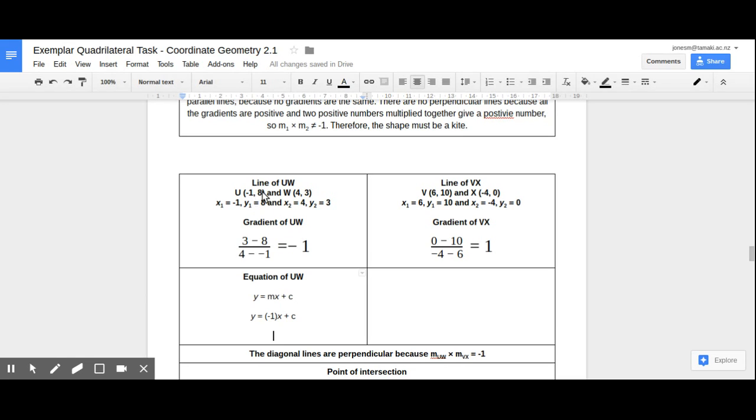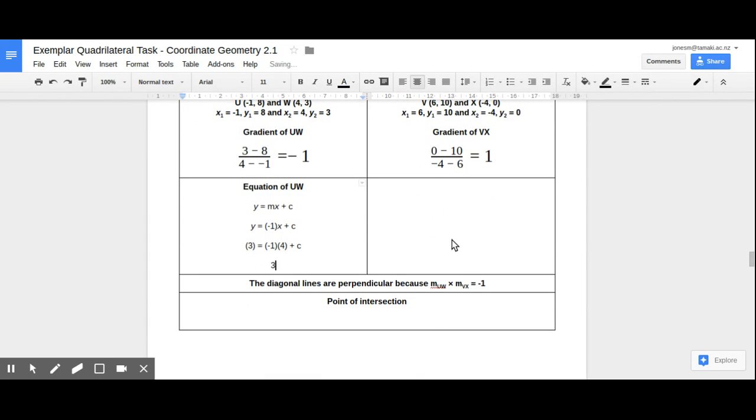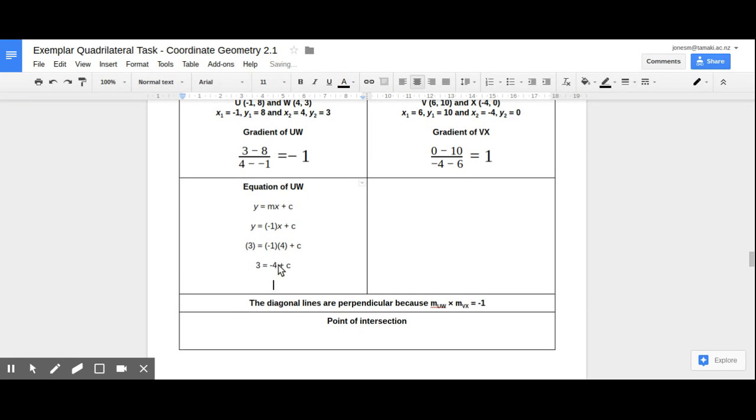We can choose a y and an x from either the point U or the point W. If I choose the point W, our y there is 3, so I substitute 3 for y, that is equal to -1, and our x is 4, and then plus c. Solving this, I'll be able to find out what c is. So we've got 3 is equal to -4 plus c, and if I add 4 to both sides, I get 7 is equal to c.